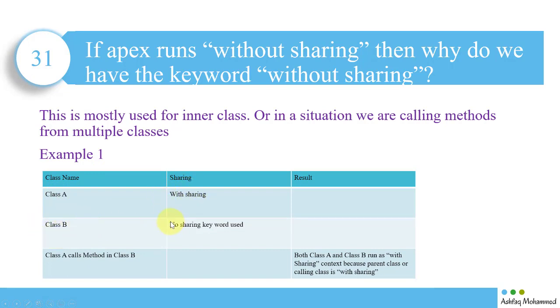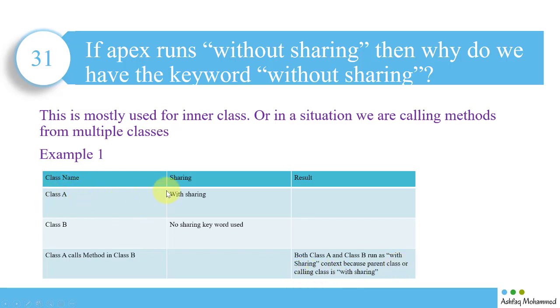I have a class B with no sharing keyword used. I have not used either with sharing or without sharing. It's just a simple class. So what happens is class A calls a method in class B. A is being triggered maybe from a save method or whatever, and A is running a few methods, and it is also calling one method in class B. So what will happen is both class A and class B run in with sharing context, because the parent class, or the calling class, is with sharing.